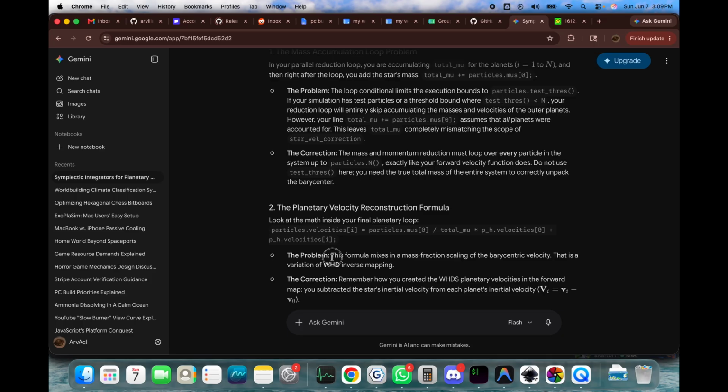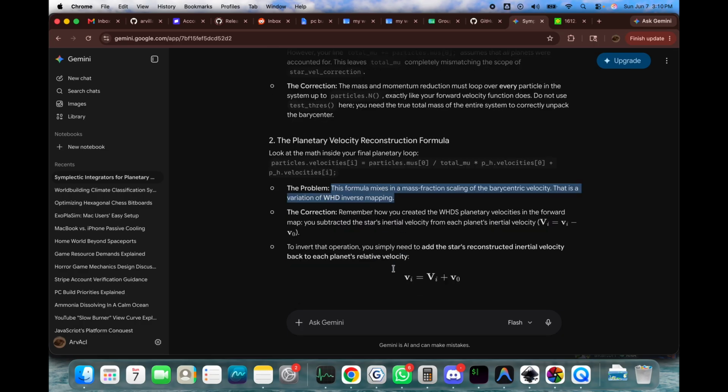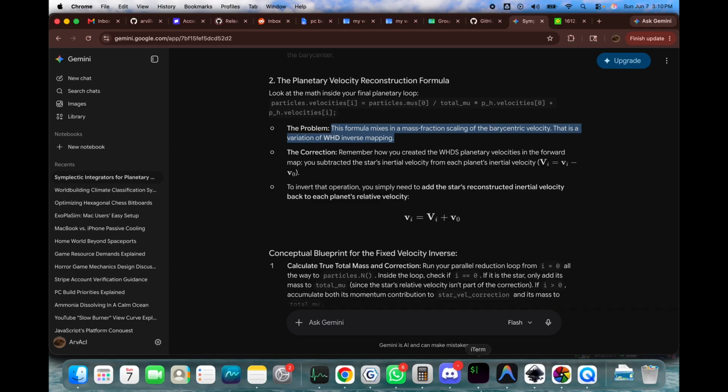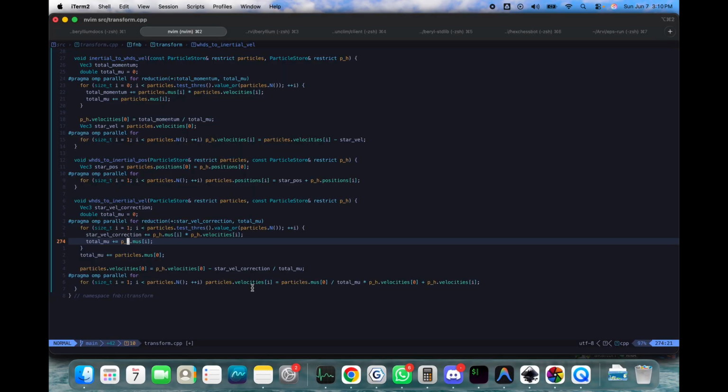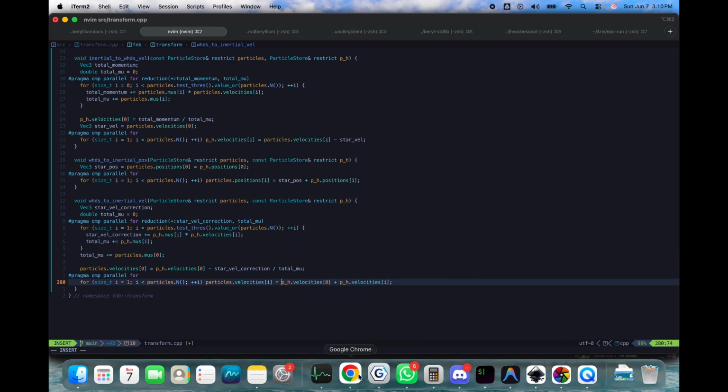The problem, this formula mixes in a mass scaling fraction of the barycenter. That's a variant of the WHD inverse mapping. Remember how the velocity, you just add it back. Wow, that's so shocking. But yeah, I guess it's fine. Let me just edit this now.